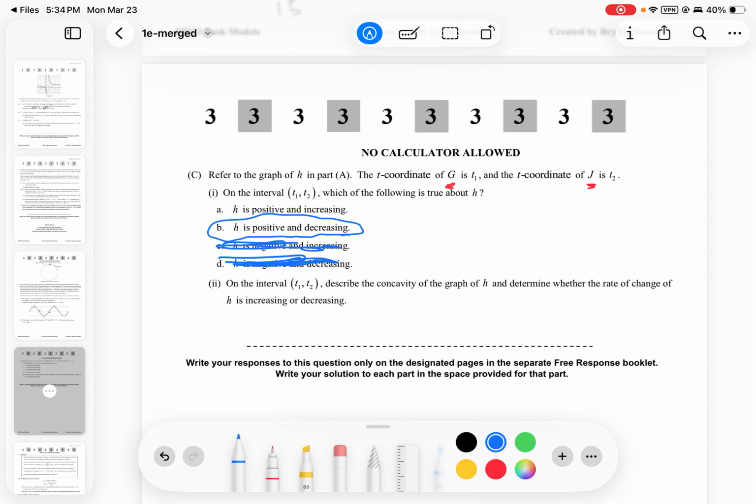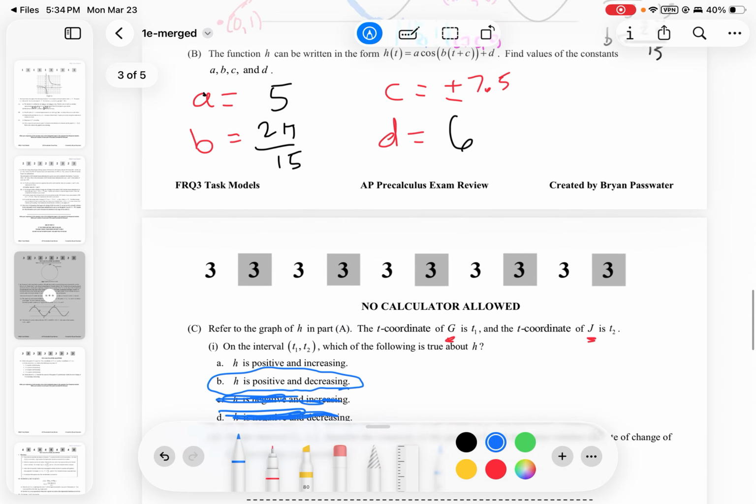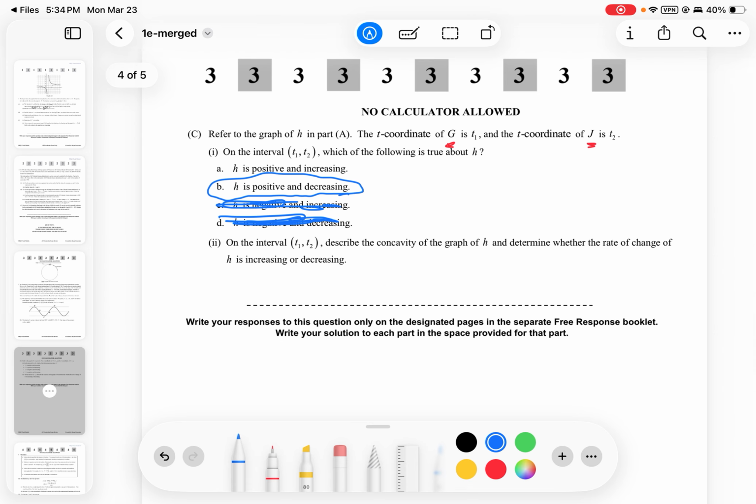All right, on the interval T1 to T2, describe the concavity. Well, this is clearly concave up. And determine the rate of change. If it's concave up, it's automatically increasing. So on the interval T1 to T2, just answer this in a complete sentence.